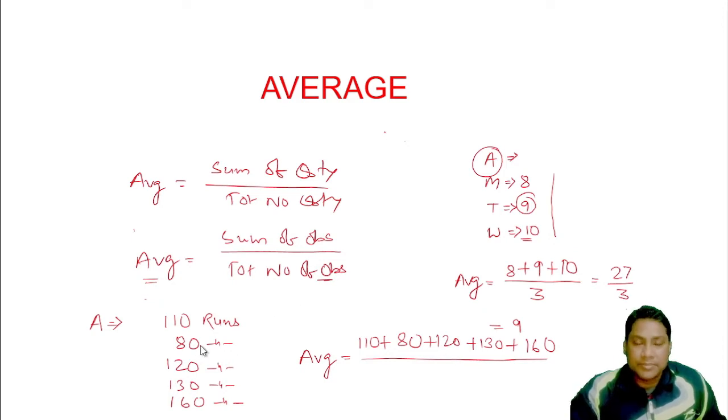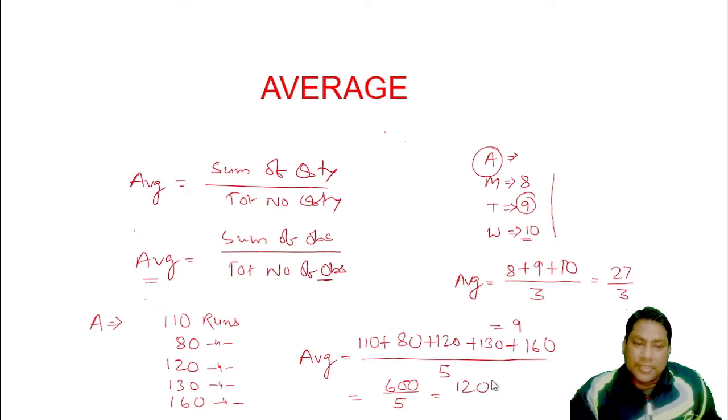How many observations here? 1, 2, 3, 4 and 5. 5 observations. Now we will add: 110 and 80, 190 and 120, 310 and 130, 440 and 160, 600, divided by 5. 5 12s are 60, 120.